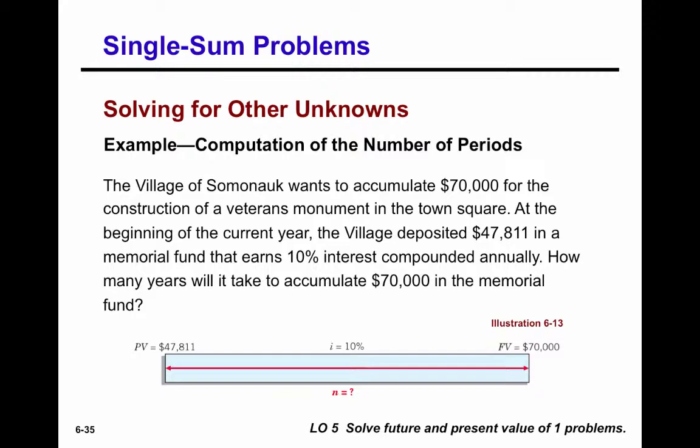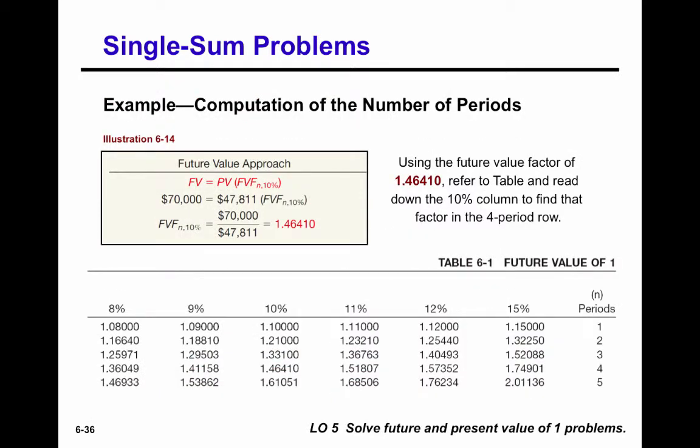Again, pictorially it's shown down at the bottom here. In this case, if we take the arithmetic, if you'll see it up here, the future value 70,000, the present value 47,811, and we know that the present value multiplied by the future value factor will give us the future value.